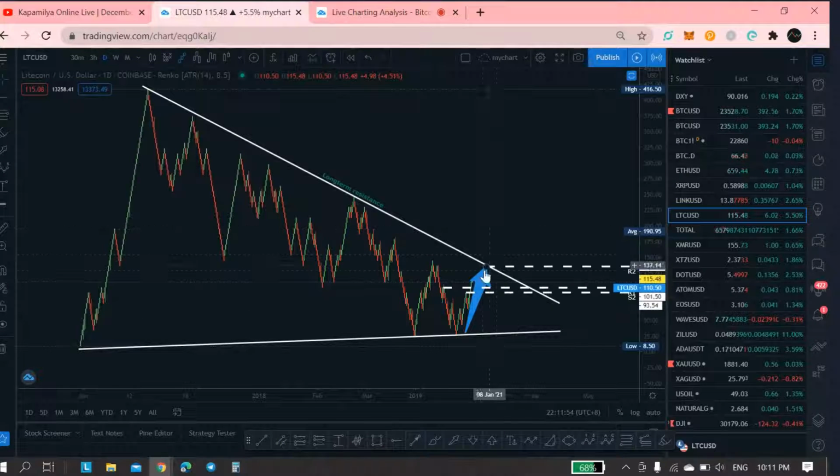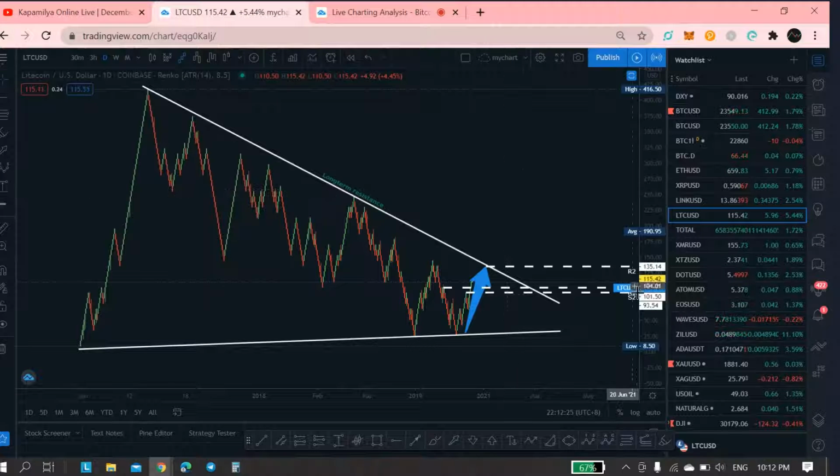So that could possibly retest this long-term resistance trend line around 135. This is a very strong resistance that I'm looking at. Actually, I also have a long position in LTC, and I just recently opened that with a TP around this area, 135.